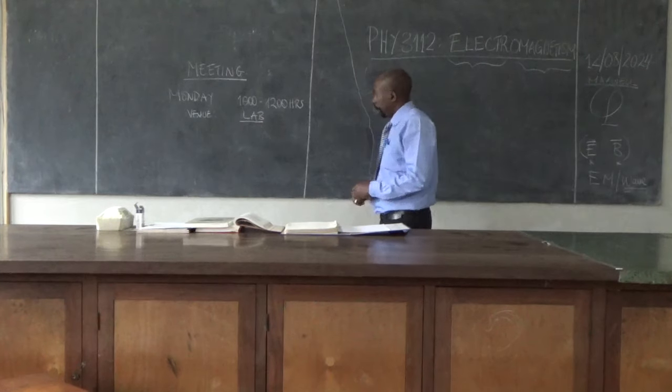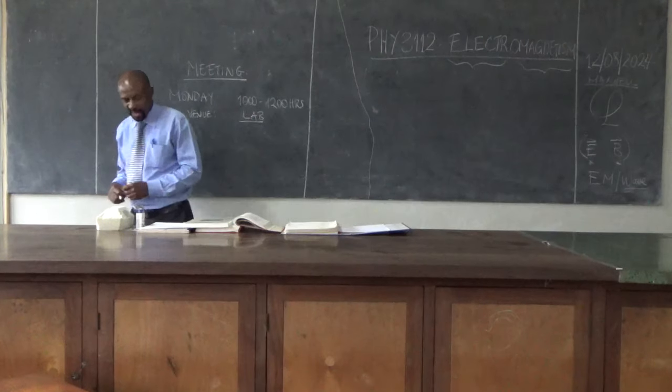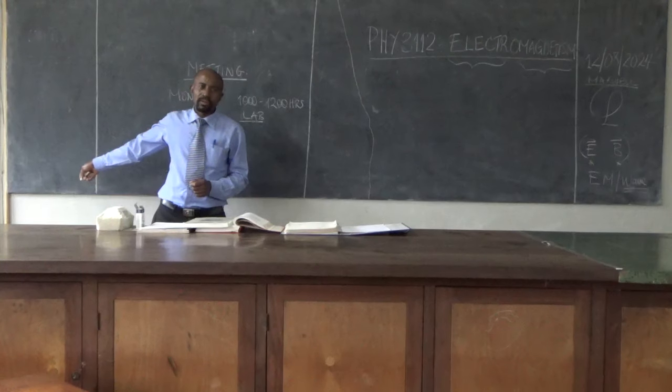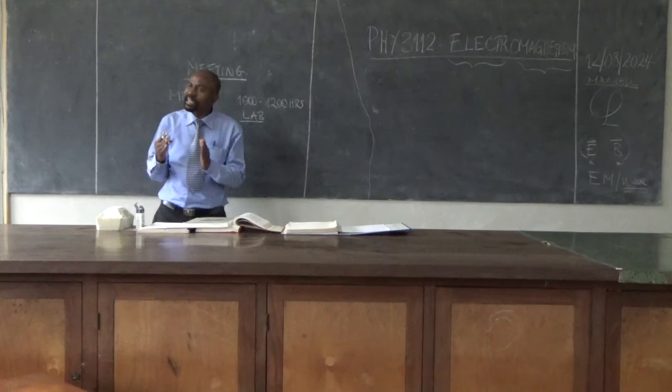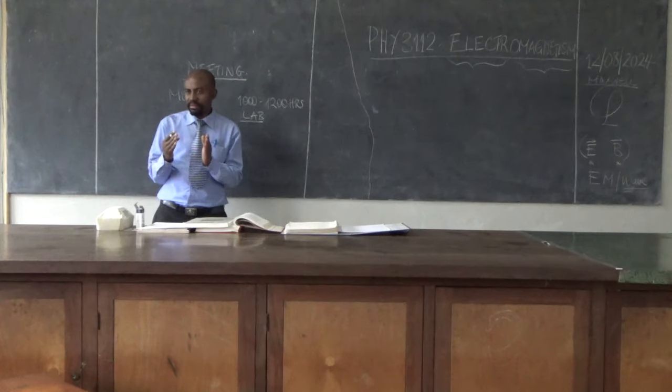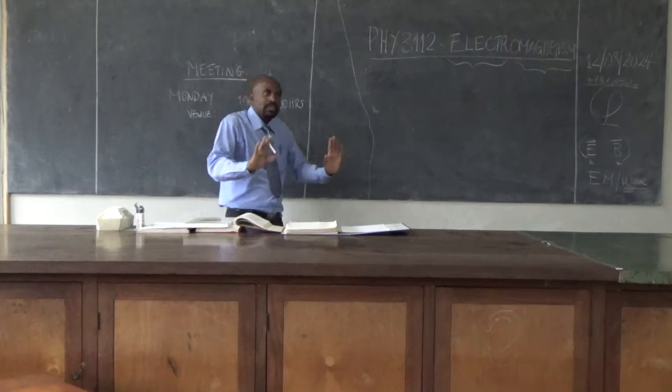So I will manage one way or another, but I put a notice on the notice board. On the notice board I put a notice before 6:30. I even put clearly the venue, electronics lab. You find somebody teaching and it's comfortable.